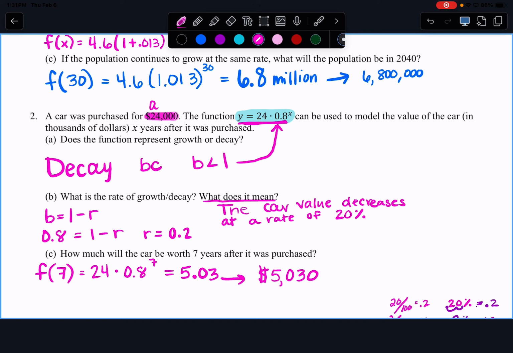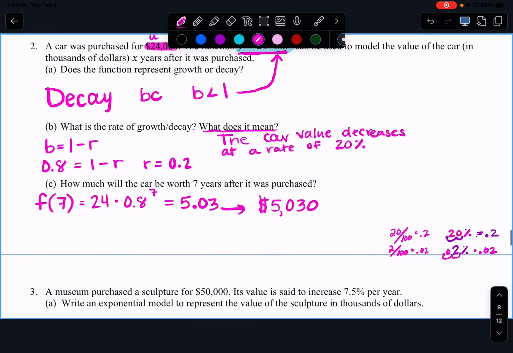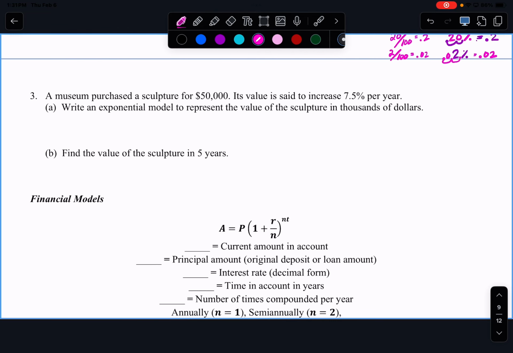Okay, so what we are going to do is I want you to flip over your paper and do number 3 for me. We're not doing the exit ticket on the computer. We don't have time.